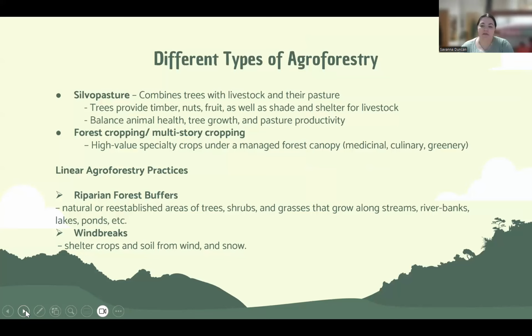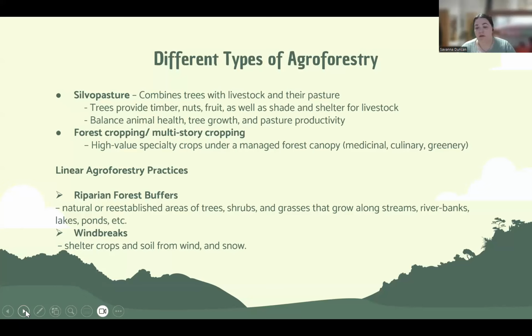Silvopasture production systems aim to combine trees with livestock and forage on one piece of land to create a mutually beneficial system. It looks to support animal health, tree growth, and pasture productivity all at once. These trees may provide timber, fruit, nuts, or fodder, which is livestock food, as well as shade and shelter for livestock in their forage.